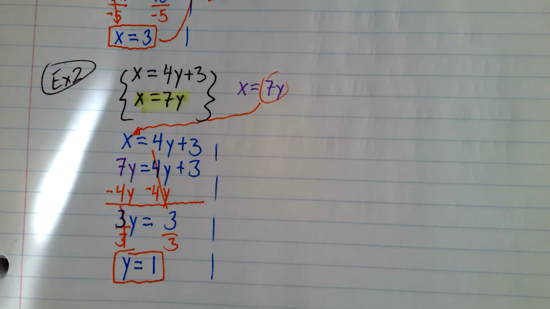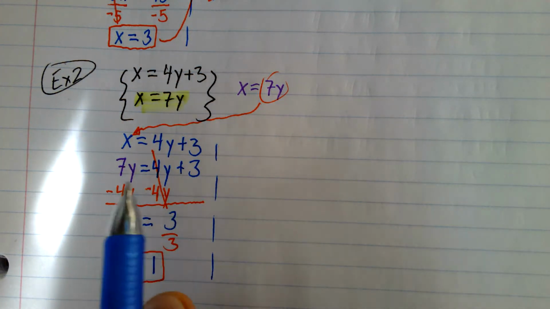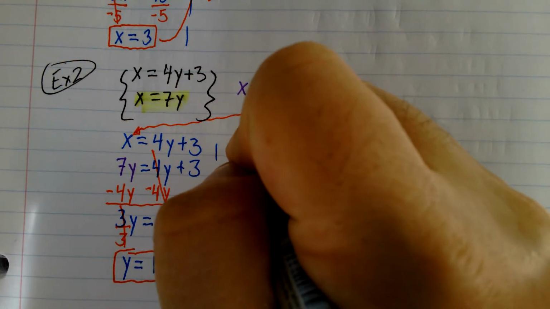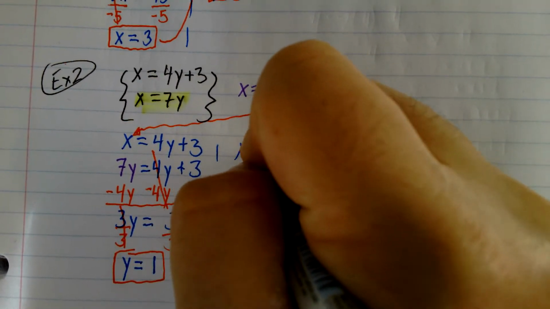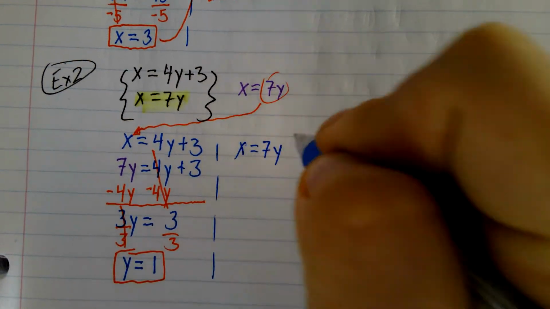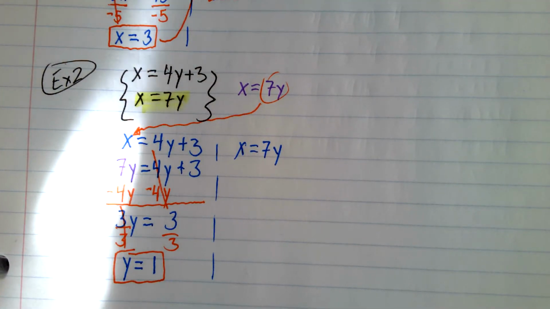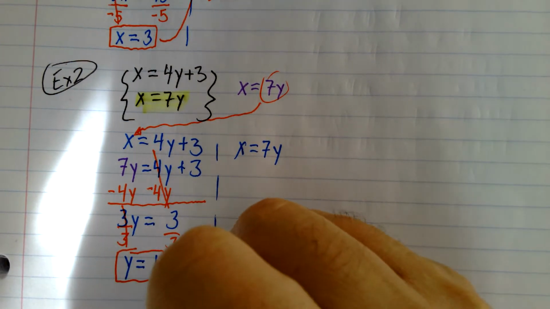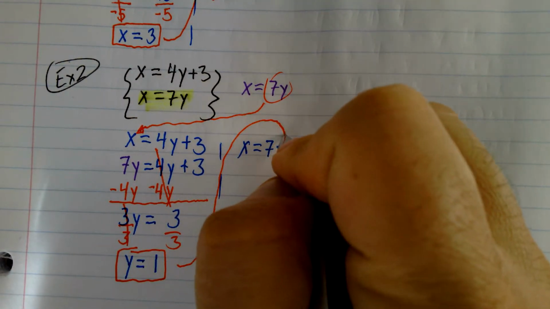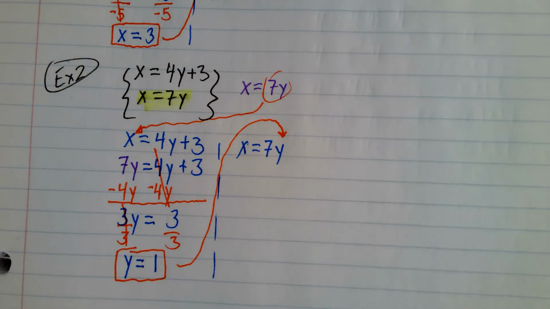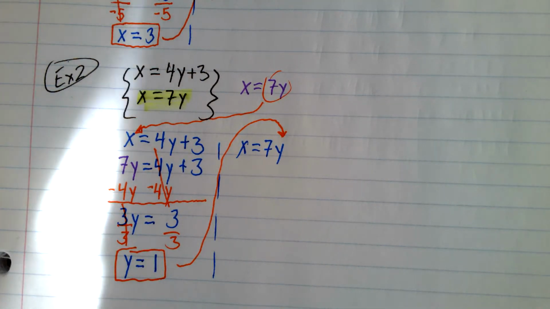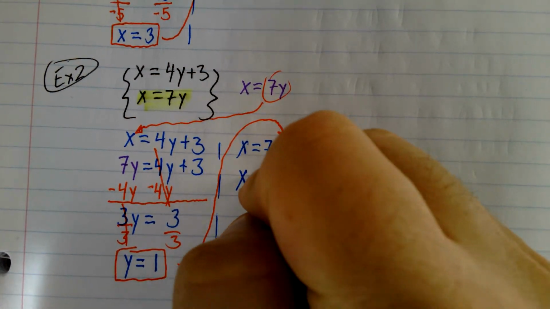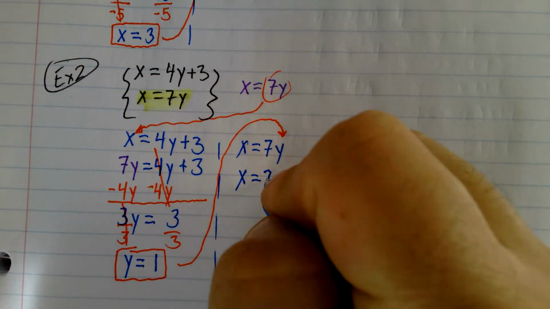Let's figure out the answer for the other variable. So for that, I need, well, I already used x equals 4y plus 3. Let me rewrite this equation over here. X equals 7y. That's going to be a little easier for me to work with. And I'm going to take the fact that y equals 1 and replace y in that equation, substitute a 1 for y.